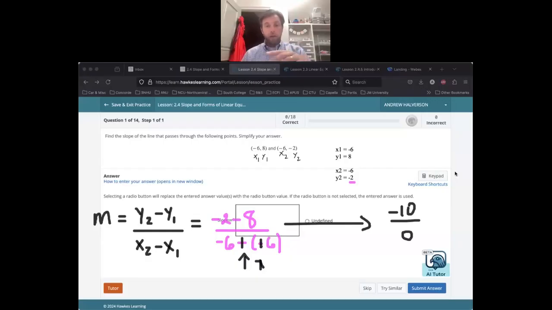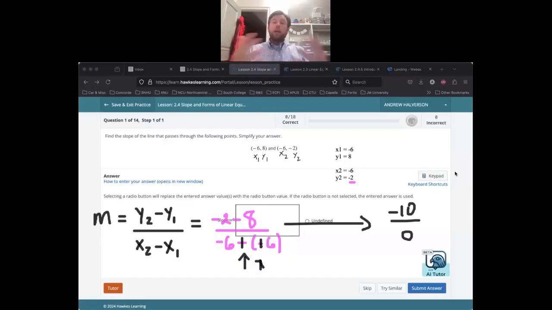Because when we plug into the slope formula, that's the second takeaway: slope m is y2 minus y1 divided by x2 minus x1. Plug in the values, use order of operations, and you get a fraction, something over zero. The zero in the denominator is why it's undefined. We can't have that. It becomes undefined.